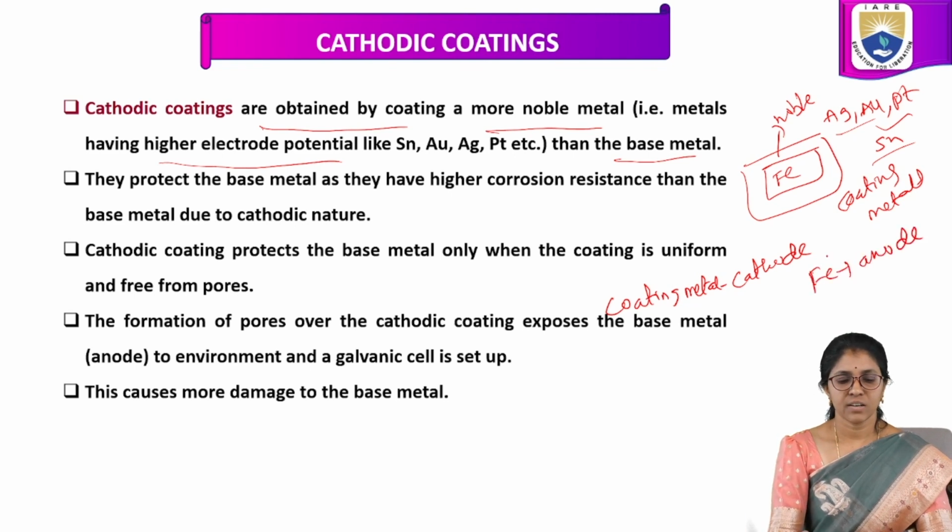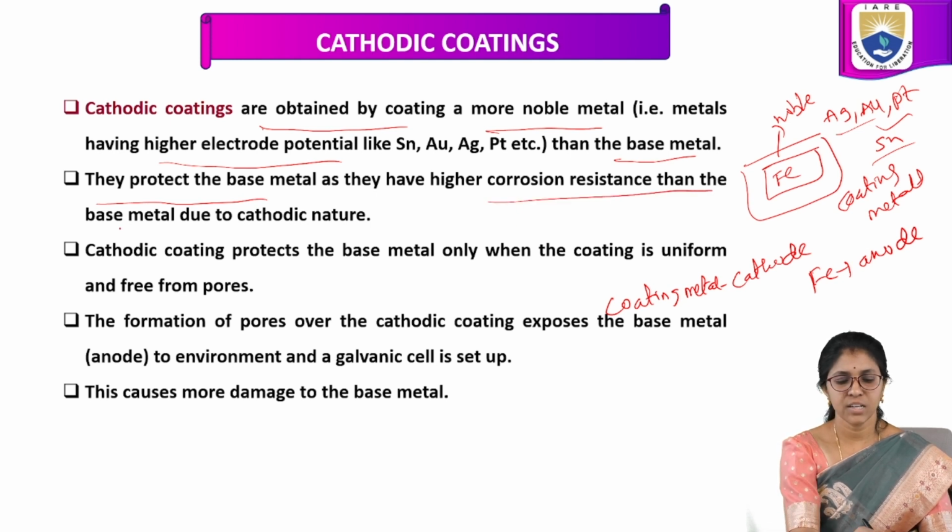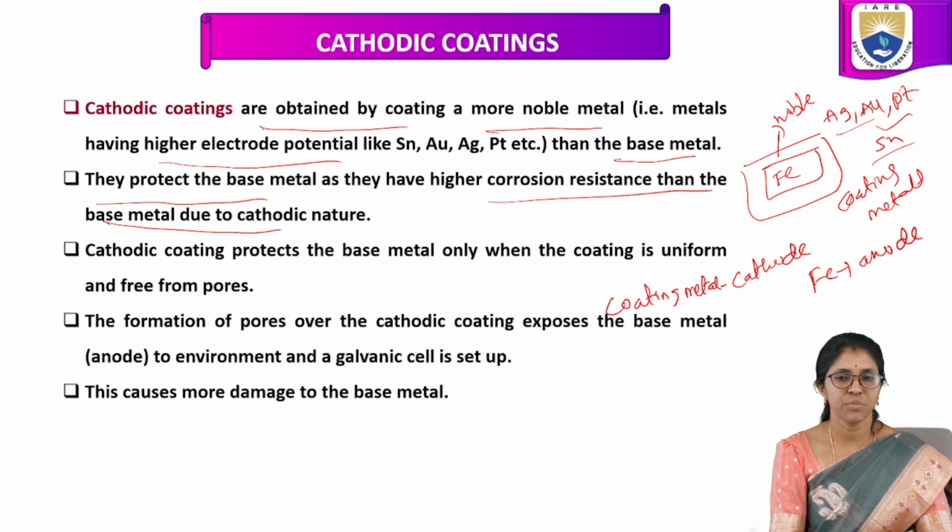So the cathodic coatings protect the base metal as they have higher corrosion resistance than the base metal due to cathodic nature. These noble metals are having cathodic nature, so due to that, these coating metals can protect the base metal from corrosion.